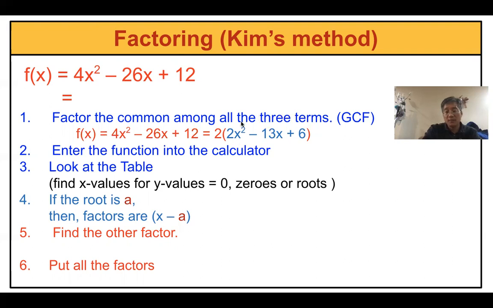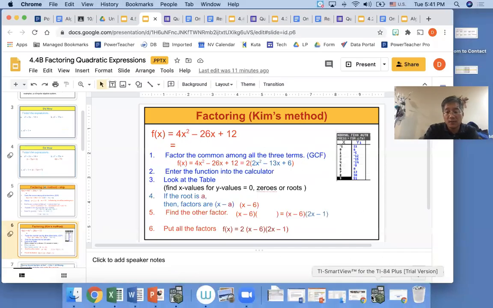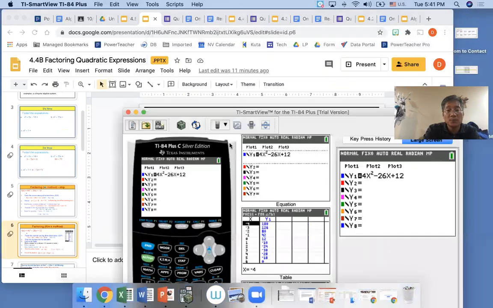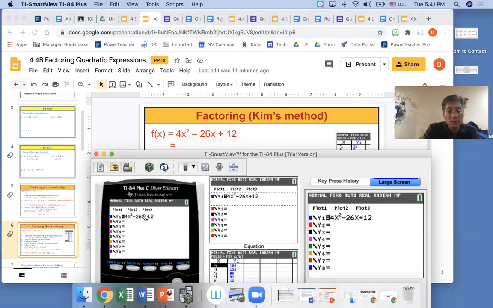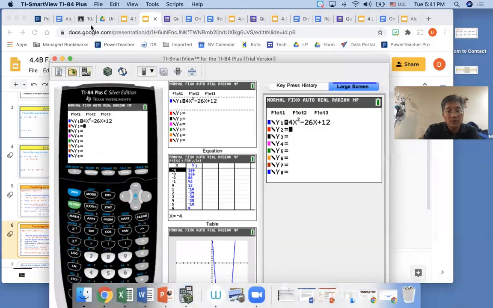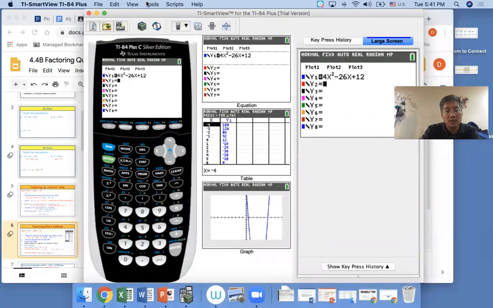But now Kim's method, what do we do? We put this in the calculator, right? So you put only 2x squared minus 13x plus 6. Let's put this in the calculator. Shall we go together now? Let's try with the calculator here. So now I'm going to put 2x squared minus 13x plus 6.